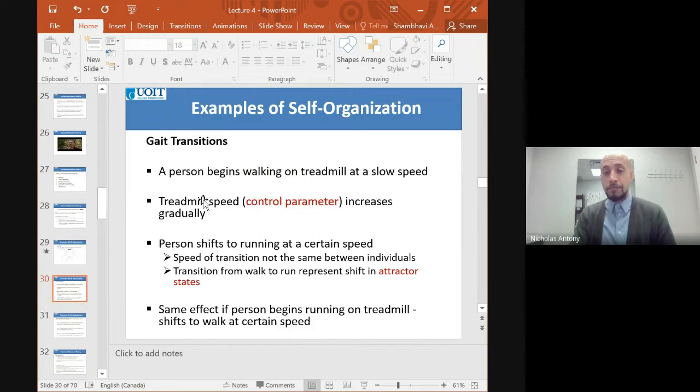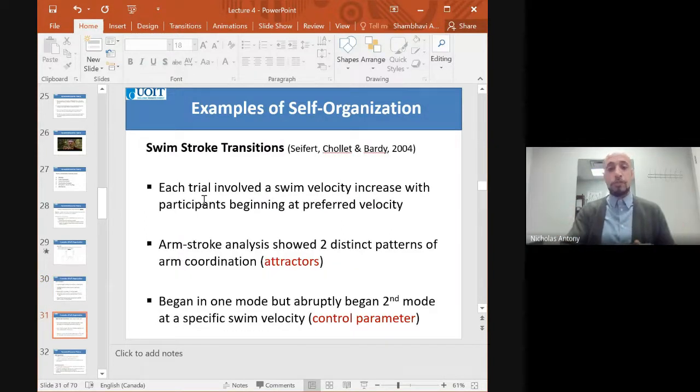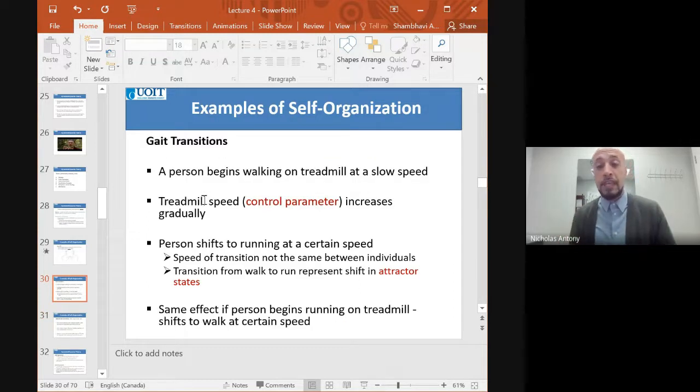Weird, right? Another example of what we talked about previously in the lecture: remember how we said that the motor program-based theory said that because the invariant features of walking and running were different, they're two different motor programs, right? Dynamical systems theory argues that the instructions of locomotion, of movement, are the same. If you change the control parameter of speed, your body will just transition from one movement attractor state of walking into running.